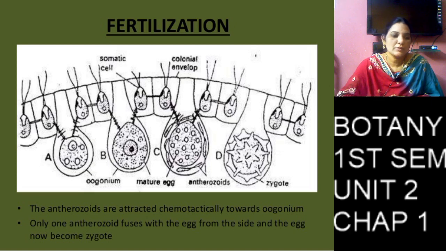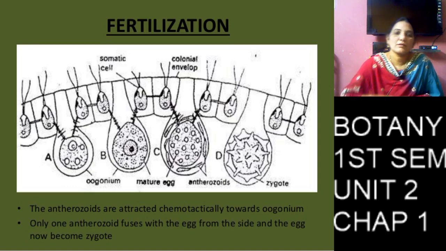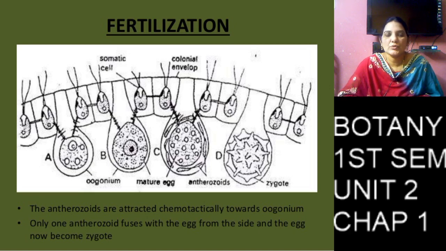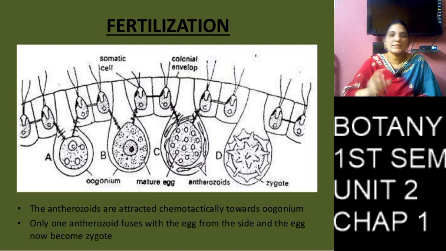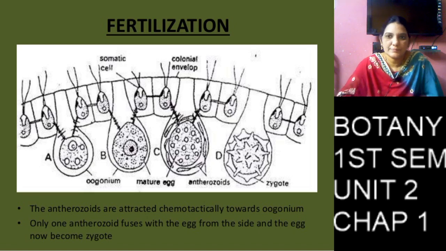So up to 128 cells are present here. One cell turns into the antheridium mother cell.